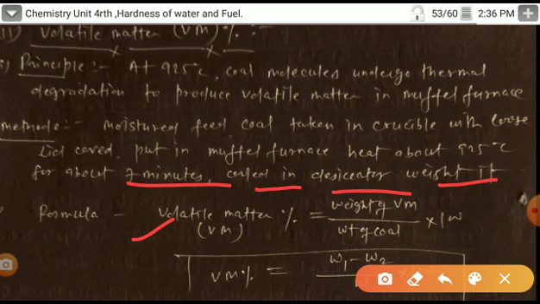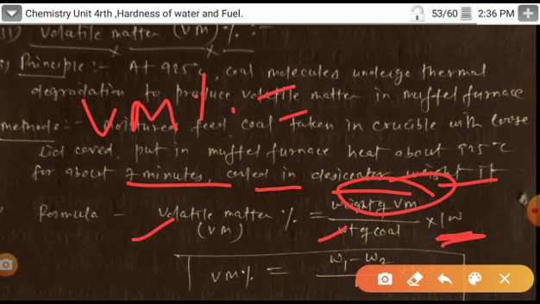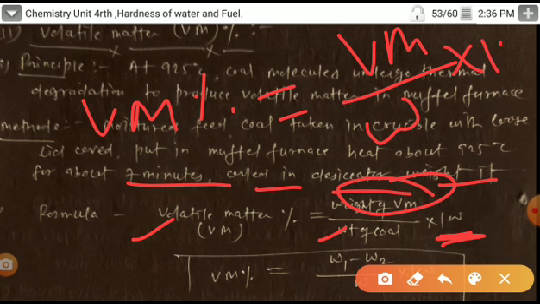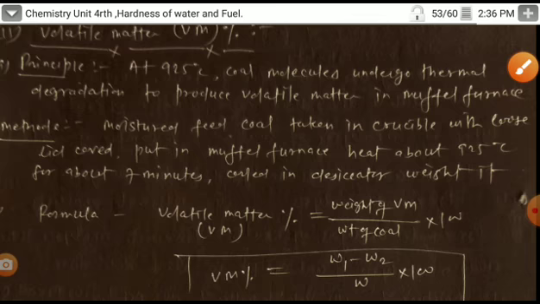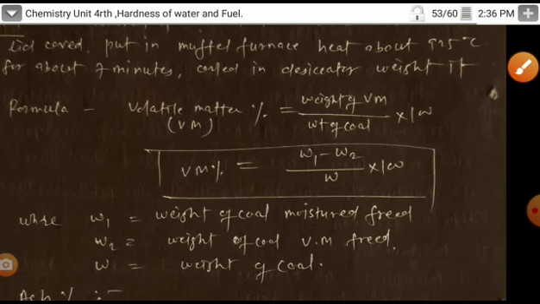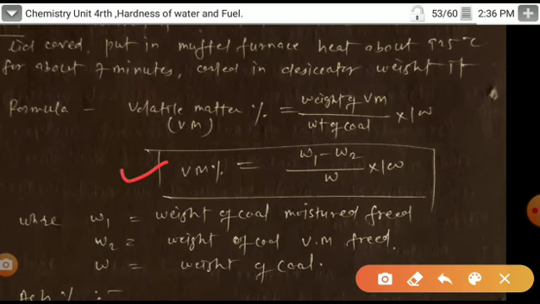Volatile material percentage is equal to the weight of volatile matter divided by the weight of the coal, multiplied by 100. That is the weight of the volatile material divided by the weight of the actual coal present in the crucible, times 100, which comes out as a percentage value. This is the formula you have to apply for volatile material.